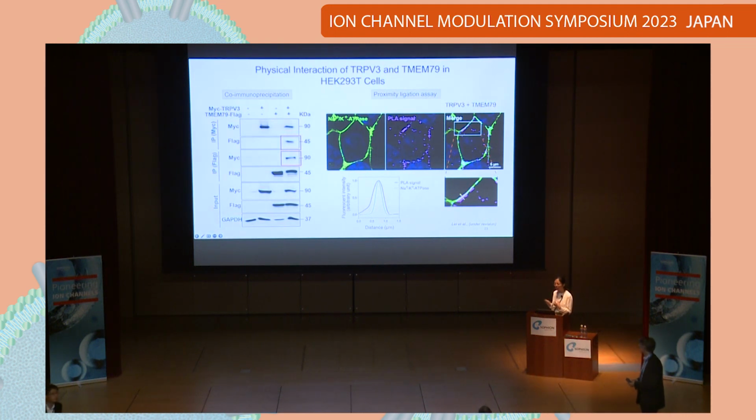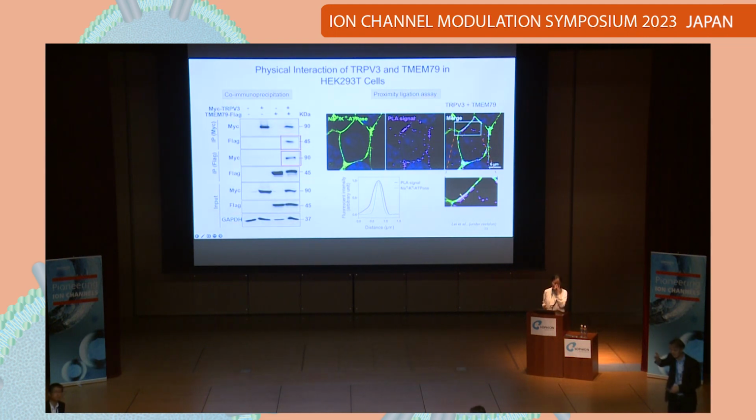So I'm thinking this might be some intermediate process, like TMEM79 drives TRPV3 from the plasma membrane to the inward side, probably to the ER first and then the lysosome, causing degradation. This is just my hypothesis.